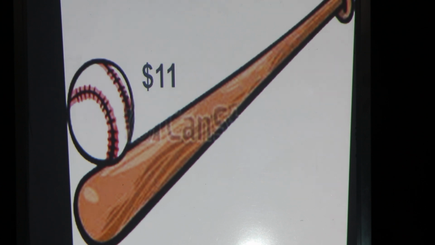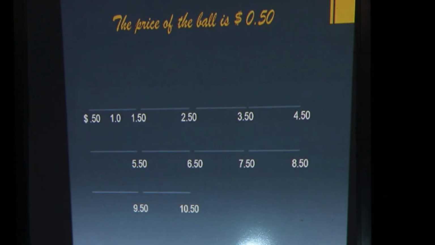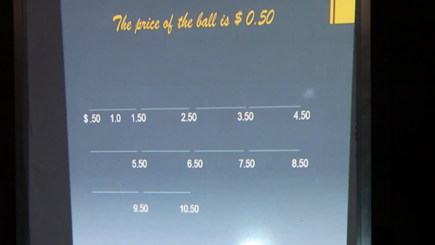If you say that the price of the ball is $1, then you're wrong. The correct answer is 50 cents. Here's how. Let's assume that the price of the baseball bat is $1 more than the price of the ball, which is 50 cents.